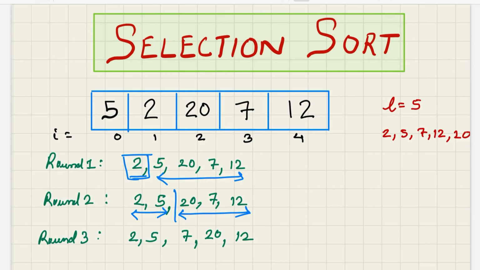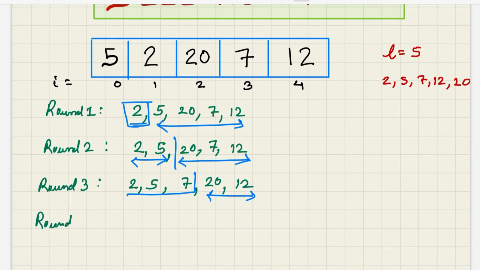So till here is now my sorted array. Now I need to sort these two remaining elements. In round 4, I have 2, 5, 7. Then I will swap these two to get my result, and this is now sorted, and I'm left with the last one.